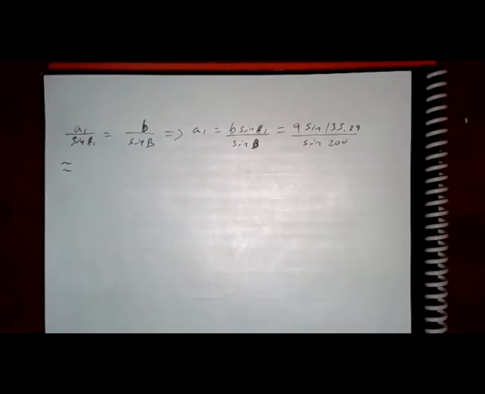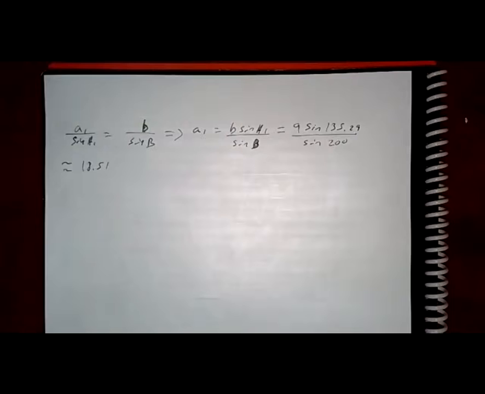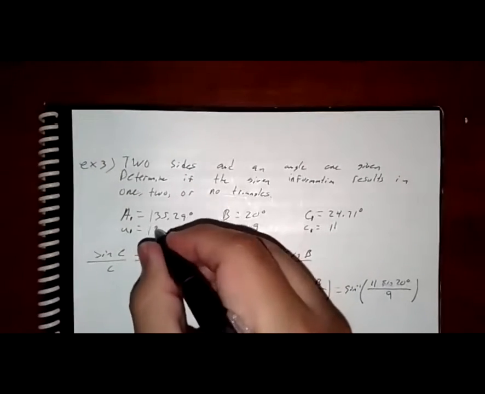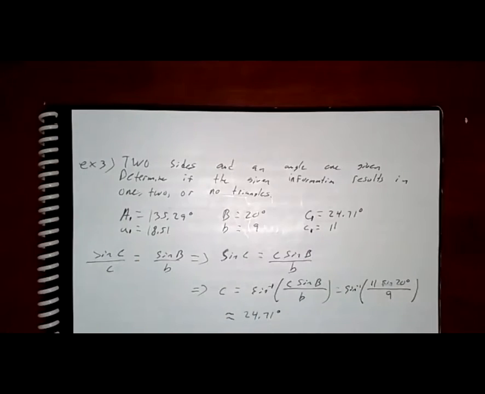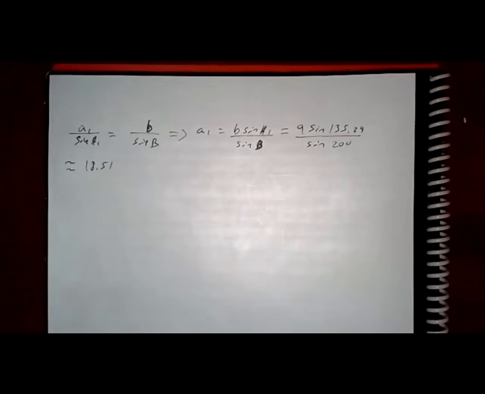So that should be 18.51. Alrighty. Any questions on this problem? You see how two triangles is not the scenario you want to do.